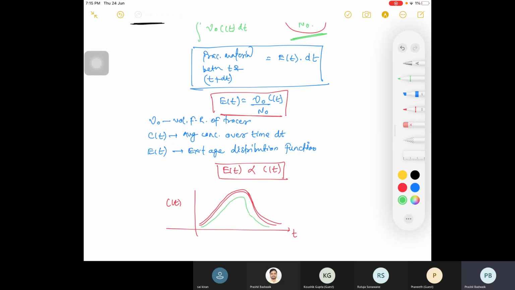But it will have the same shape as the Ct curve. So for today's class, I hope it is okay, and these are some new terms you need to keep in mind. Okay, so we'll stop here.